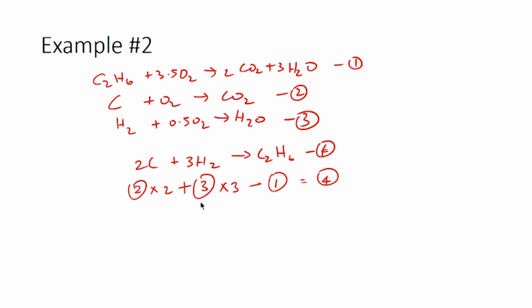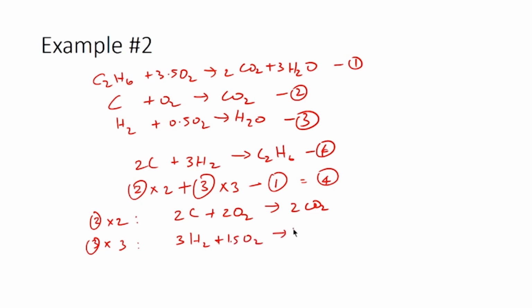When I do this operation, 2 times 2 would look like 2C plus 2O2 gives 2CO2, and 3 times 3 would look like 3H2 plus 1.5 O2 gives 3H2O.